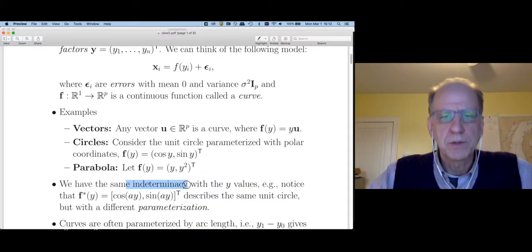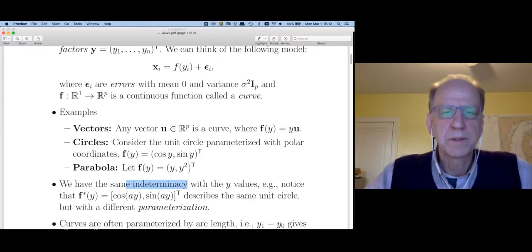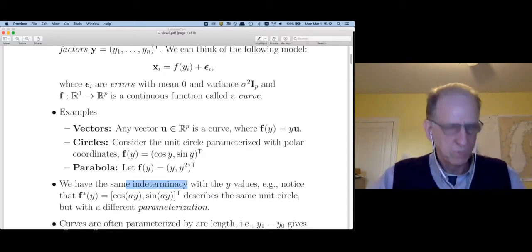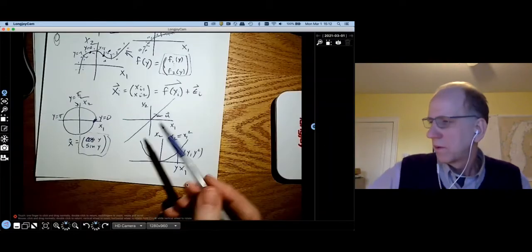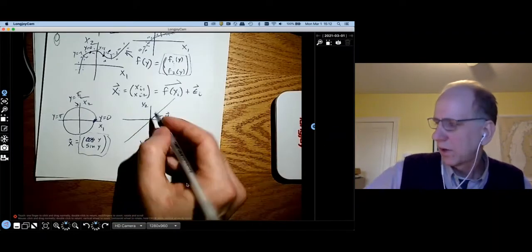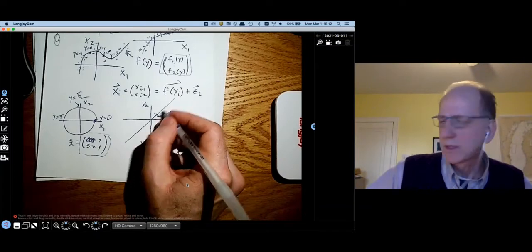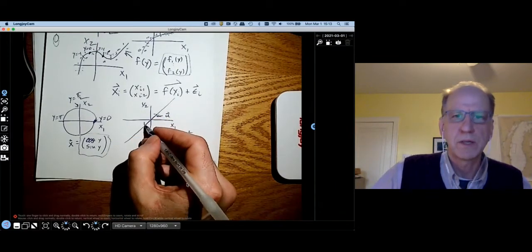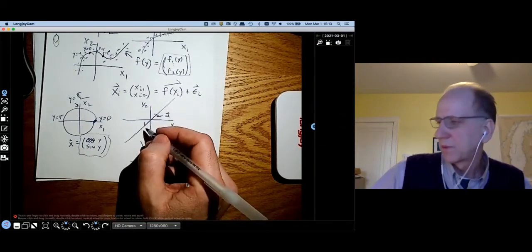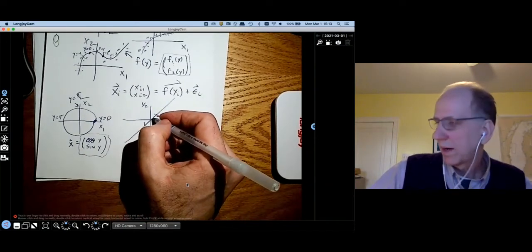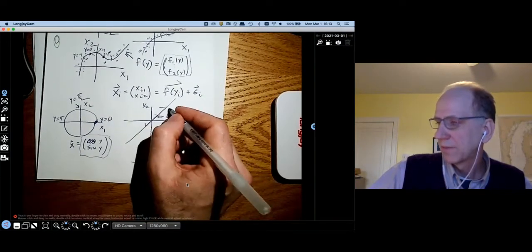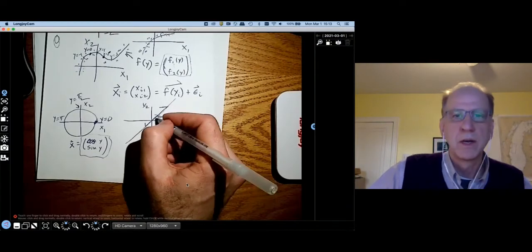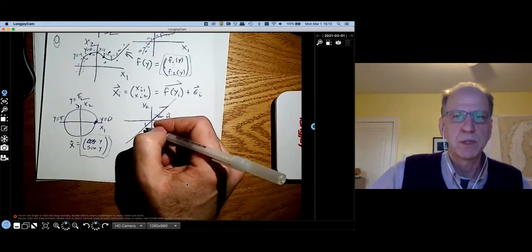Now let me remind you that with PCA we had some problems with indeterminacy. So what do I mean by that? Well, with this picture, I could have also described this subspace with a different u vector. So this u vector also describes that subspace. Or I could make a longer u vector. So here's yet another u vector that would also describe the subspace.